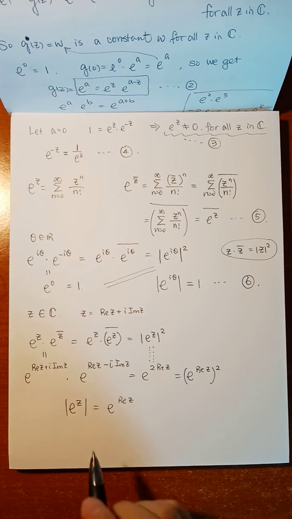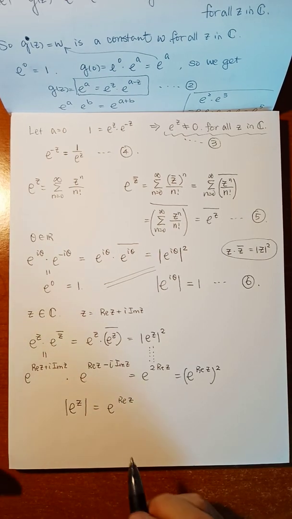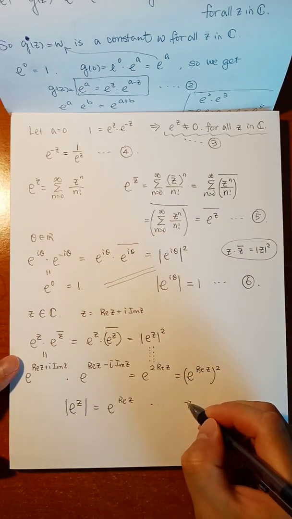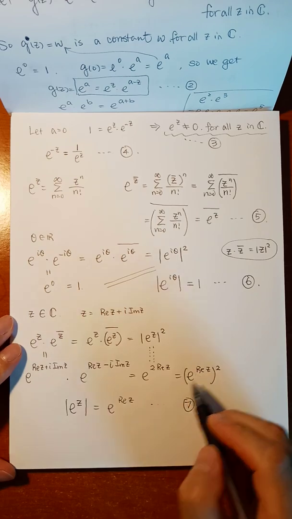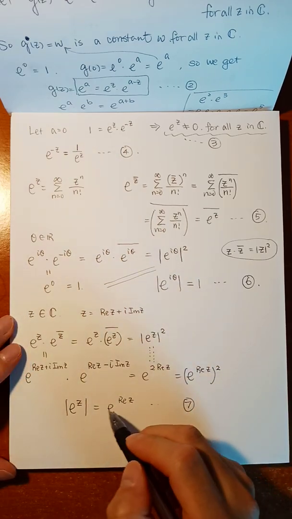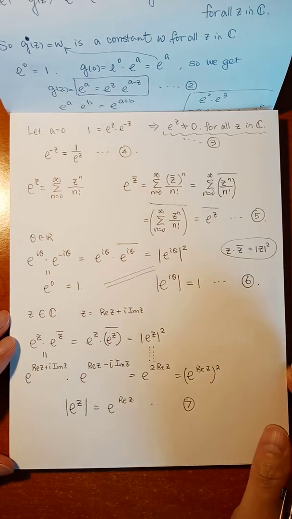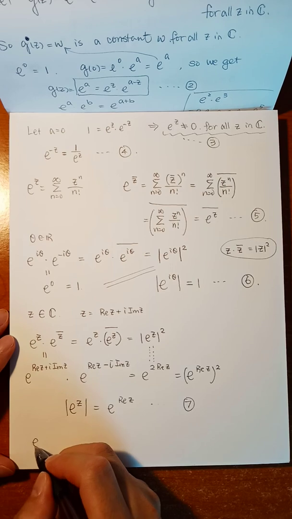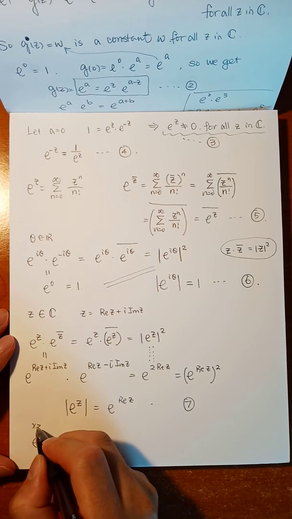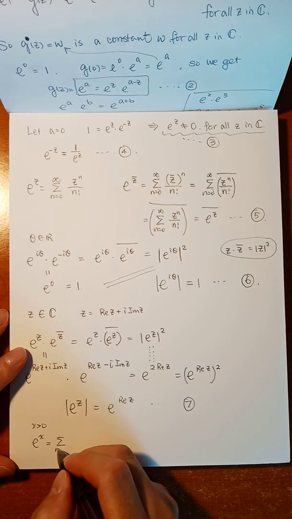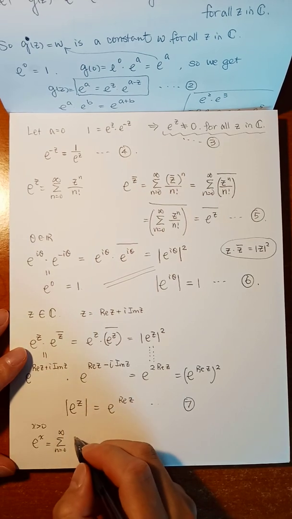Here we have a very small thing we didn't mention. Well, this is a 7. We naturally take the square root to get e to the real part of z. Why don't we put a negative sign? Why is this always a positive number? The thing is the following. If you have a positive number x, then e to x is a power series based on the definition.